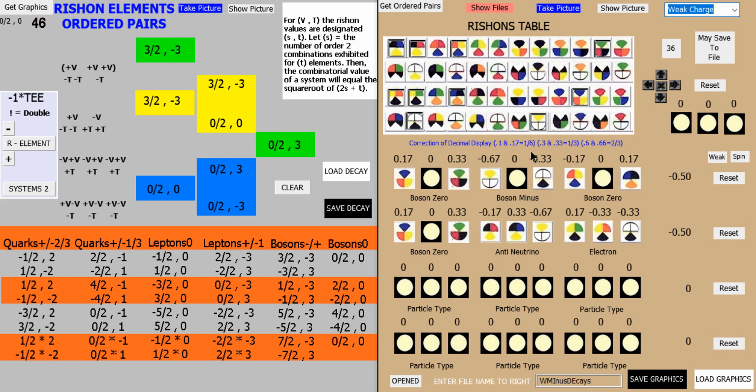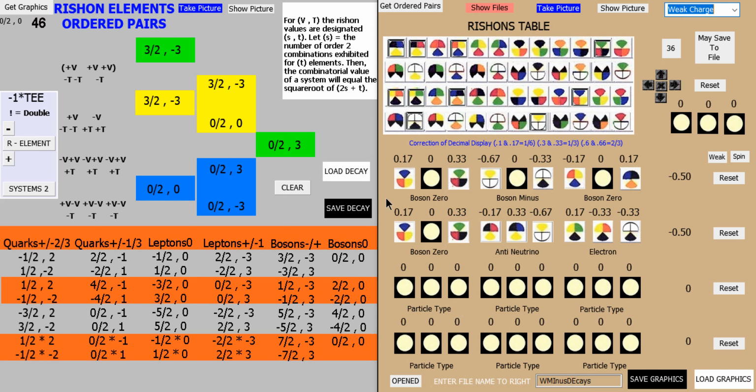And on the scalar boson minus, we have minus 1, so the total weak charge on the W boson minus will be minus 1/2. And of course, if we multiply that by 2, we'll get minus 1 for the hypercharge, which was consistent with the standard model.